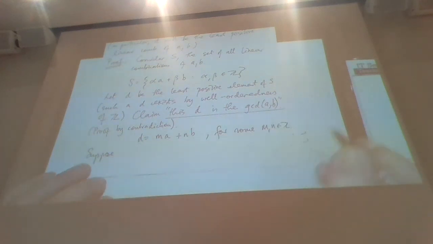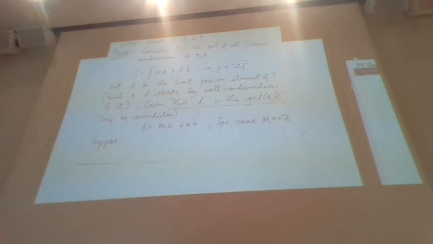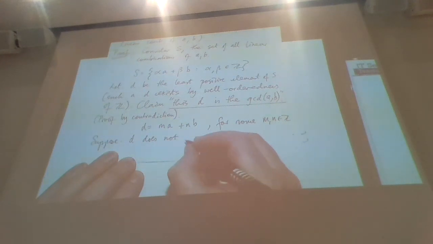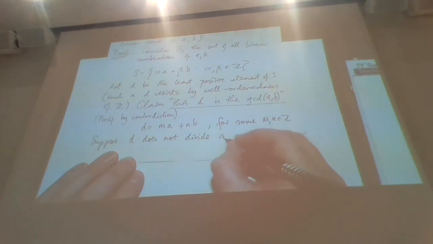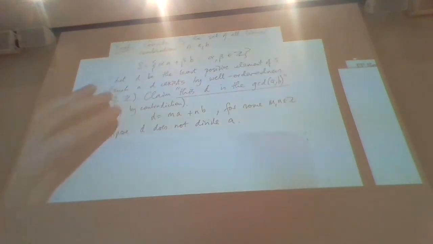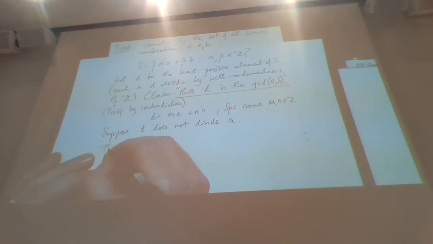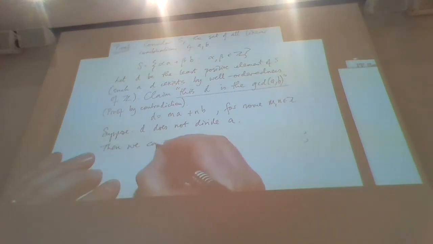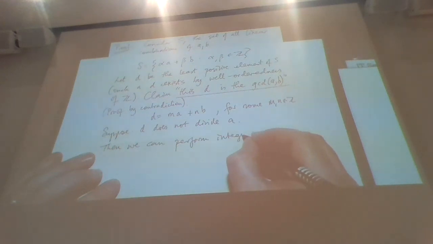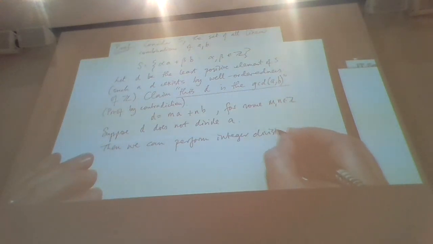So we're trying to prove that D is the greatest common divisor of A and B. Well, we're going to suppose that D does not divide A. Suppose D does not divide A. Well, if that's the case, then we can perform integer division with remainder.